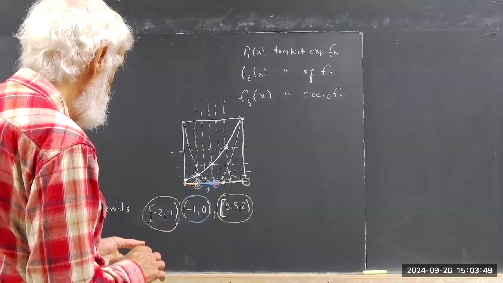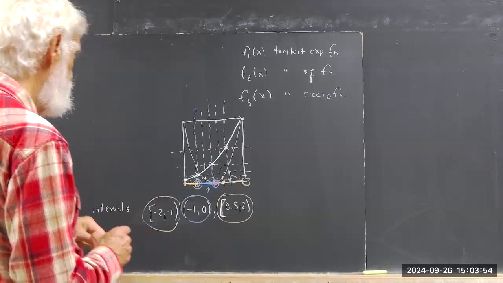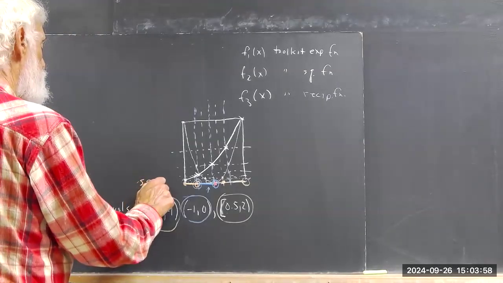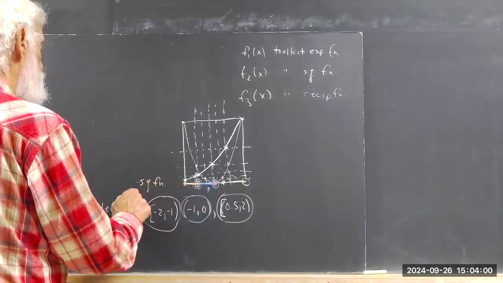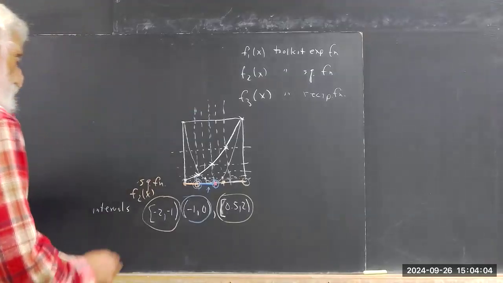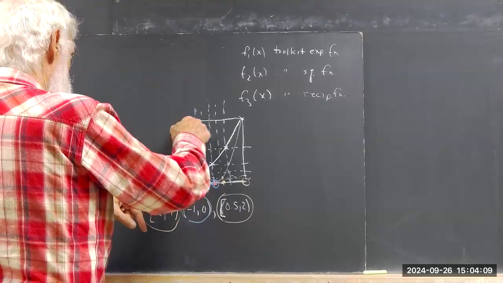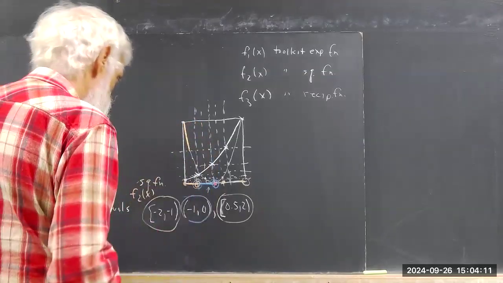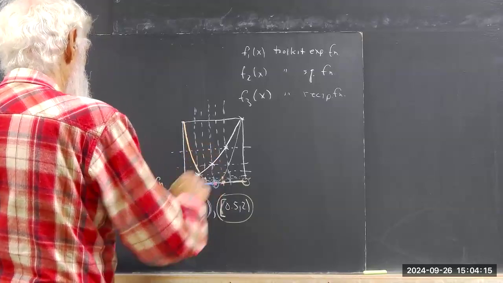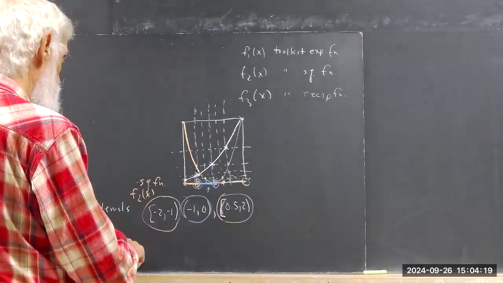Okay, so I'm going to use squaring function. That's our f2 of x on the interval -2, -1, meaning that above this interval, I'm going to show you right over the picture of the square function.